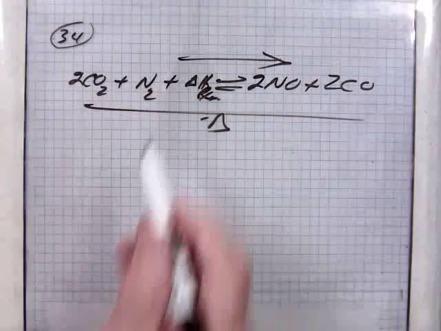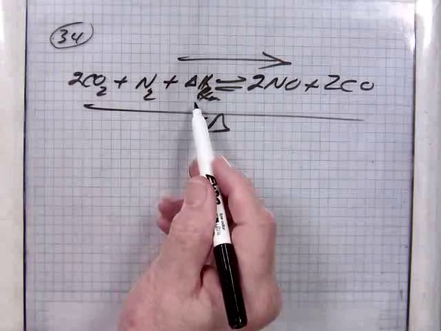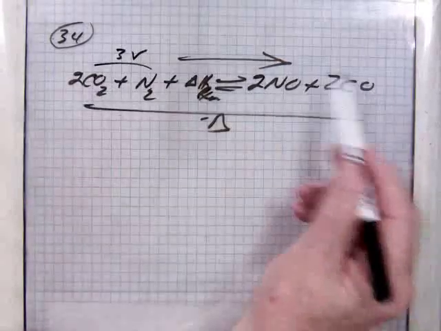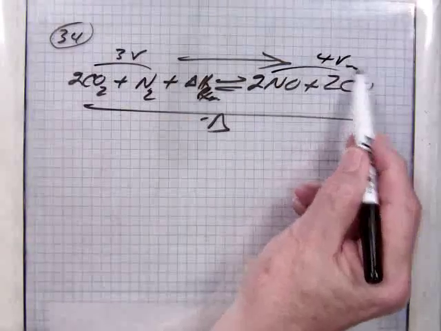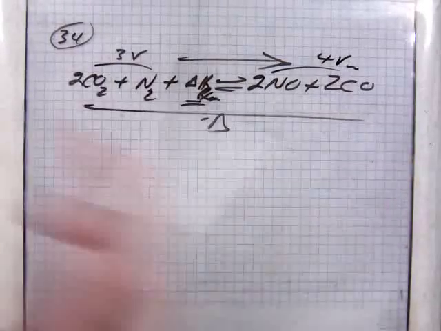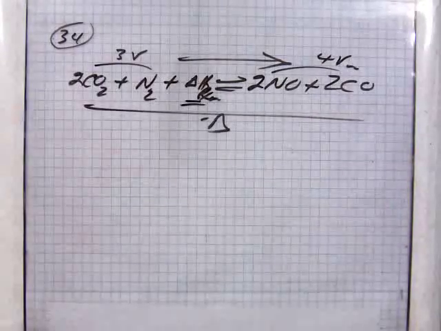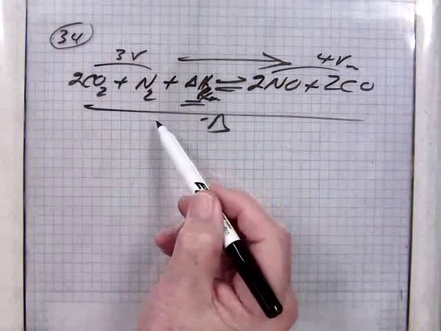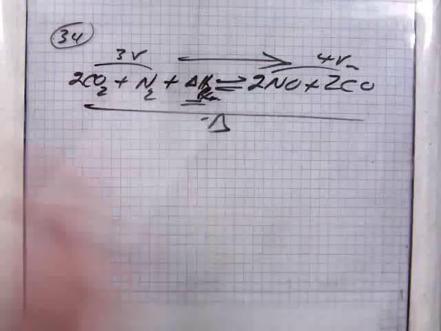With high temperature and low pressure, we have 3 molar volumes and 4 molar volumes, and you have an energy term there. So increasing temperature shifts it to the right, but increasing pressure shifts it to the left. Low temperature shifts it to the left.